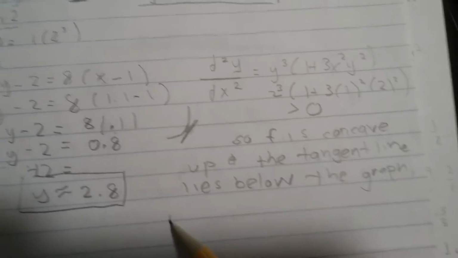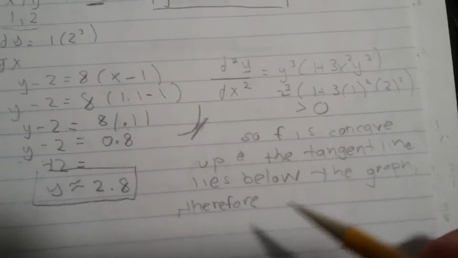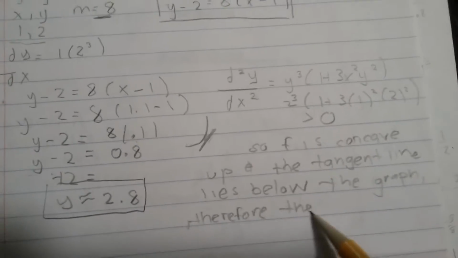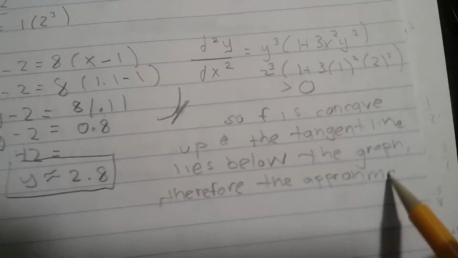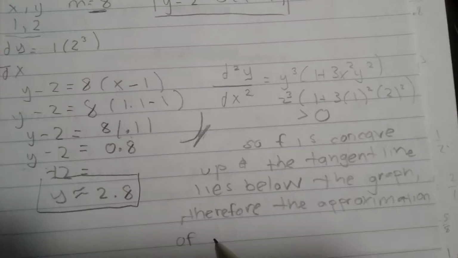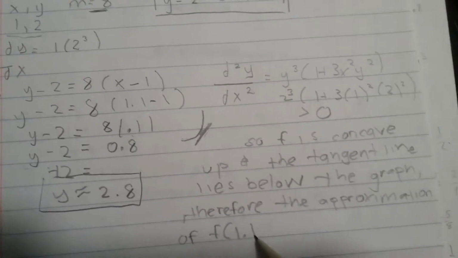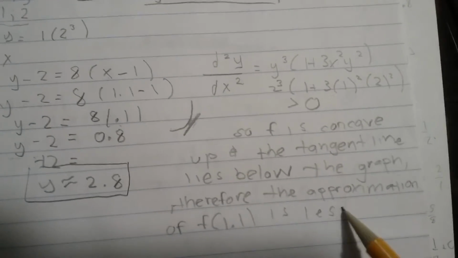So therefore the approximation of, you have to be specific, so of f(1.1) is less than.